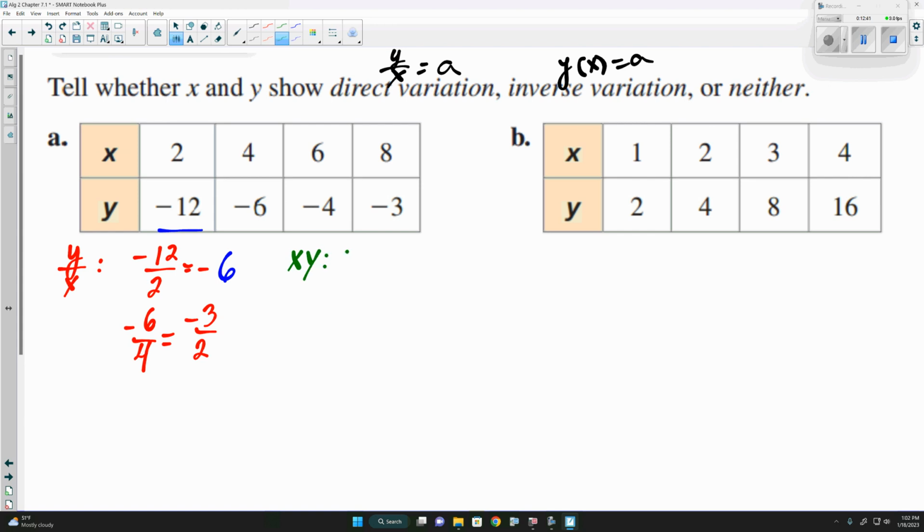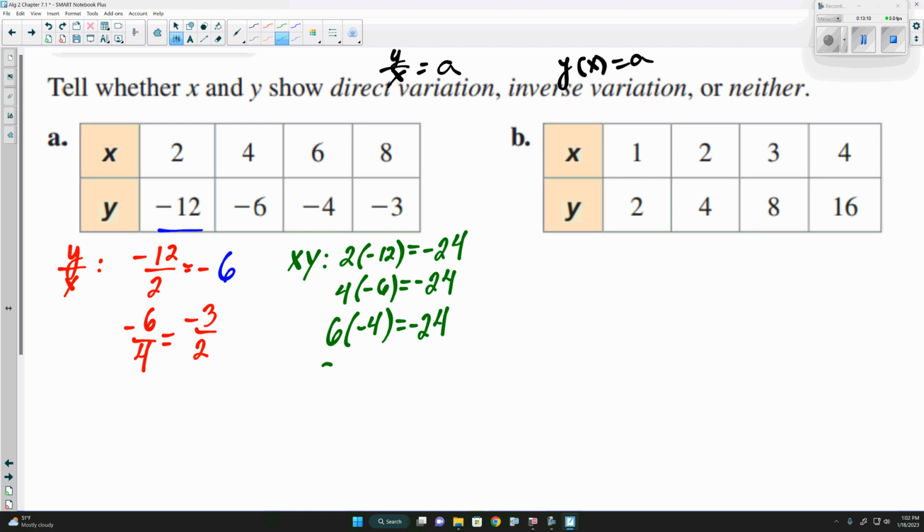Multiplying x and y. So we can say 2 times negative 12, which is negative 24. Then we move on to the next one, 4 times negative 6, which is indeed negative 24, yes? 6 times negative 4 is negative 24.